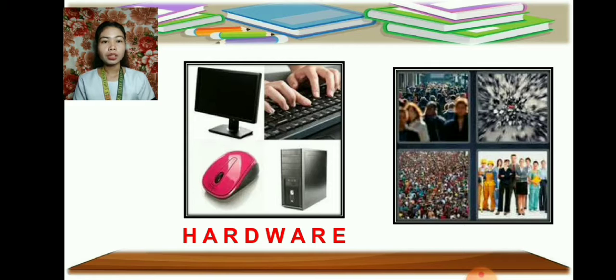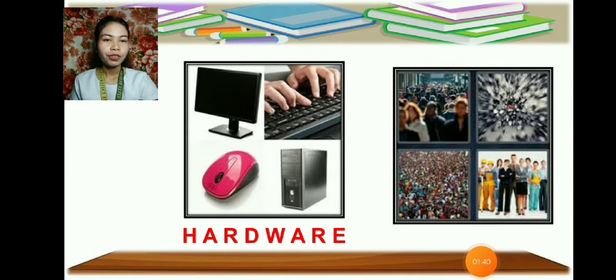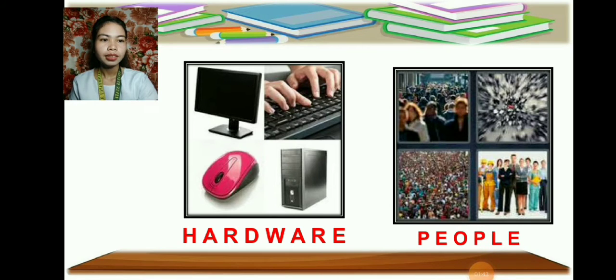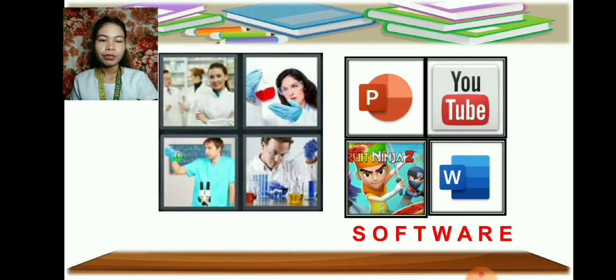For the next one, what have you observed in the photos presented? Yes, it shows people. Okay, for the next one, what have you observed? What specific word fits the theme of the photos presented? Yes, it's software. And for the last one, what specific word fits the theme of the photos?